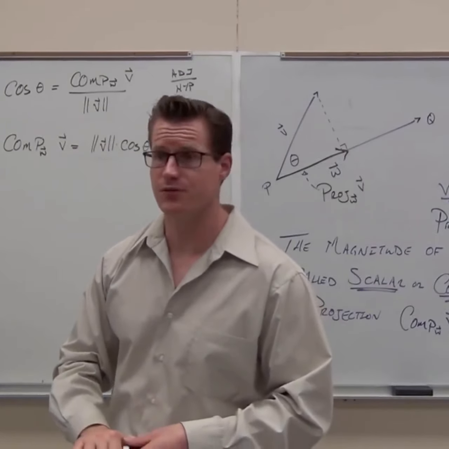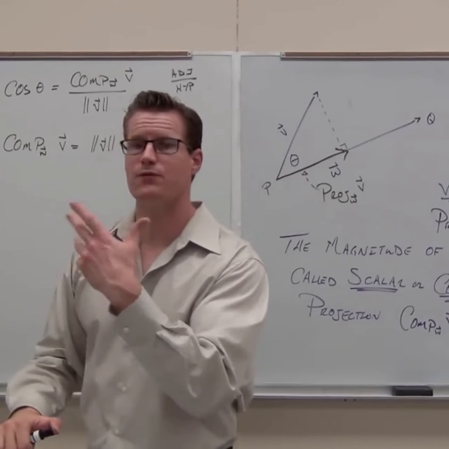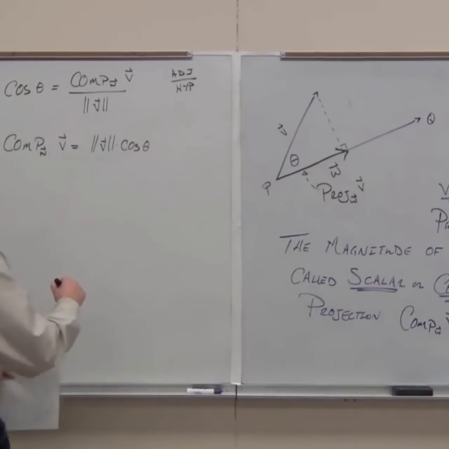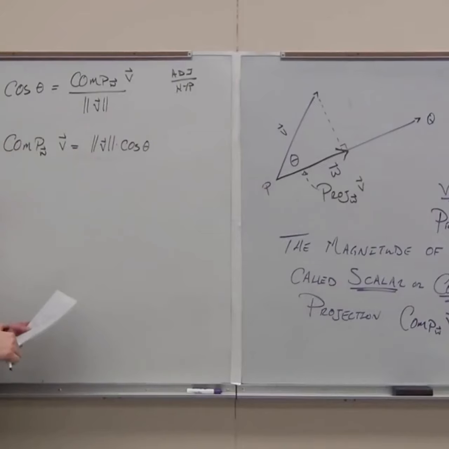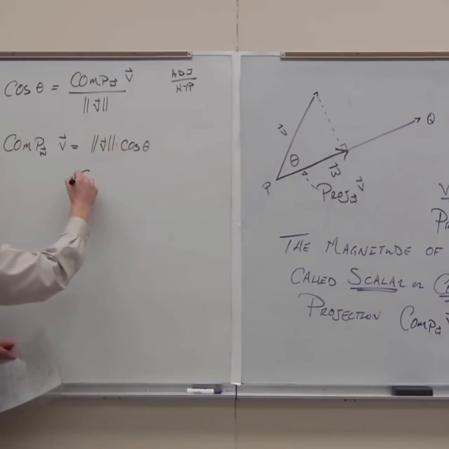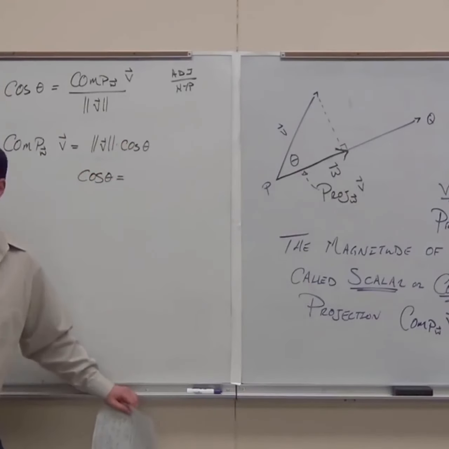Now, this also says something, though. It says, in order to find this, you have to know the angle between the vectors. What if you don't? Well, so this is number one, okay? I'll write it later too. This is going to be if you know the angle between these two vectors. If you don't, well, we know how to find the angle between these two vectors.